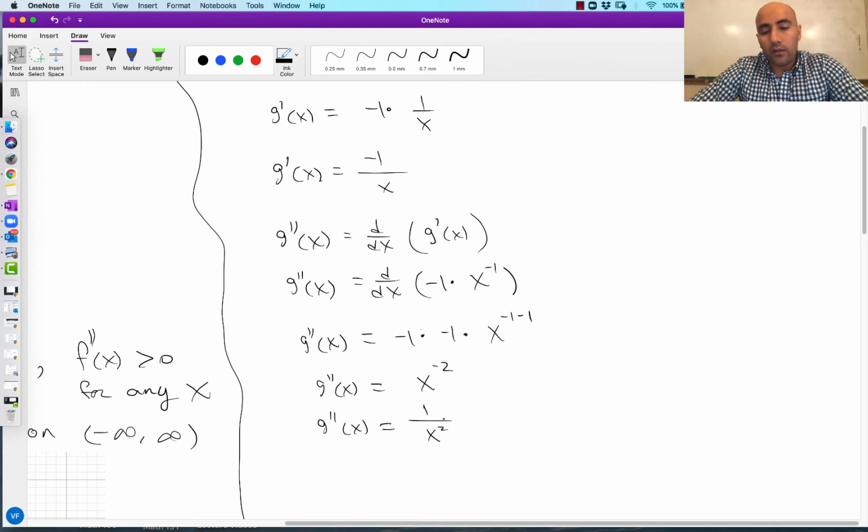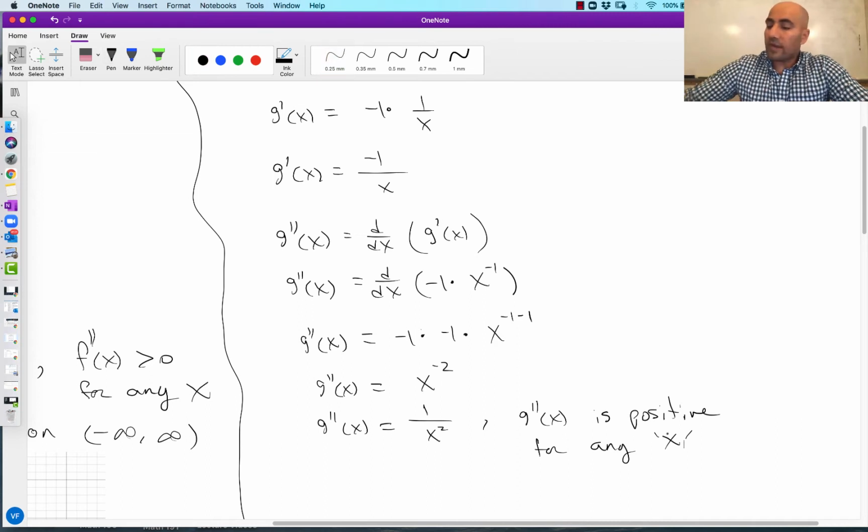Well, no matter what input value we choose, we're going to square it, and the output is always going to be positive, so this whole thing will always be positive. So just by analyzing it, we can conclude that the second derivative is positive for any x.